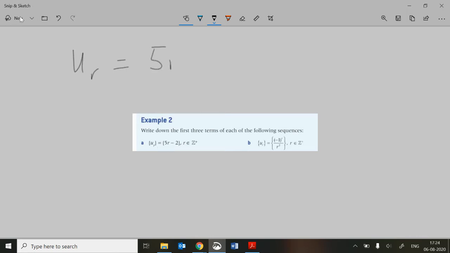This one is saying u_r is equal to 5r minus 2. And the bit at the end says r belongs to, this symbol you can read as an element of or belongs to. This Z stands for integers. And they've put a plus on the end, so they're only interested in the positive integers. What they mean is 1, 2, 3, 4, and so on, infinitely far on.